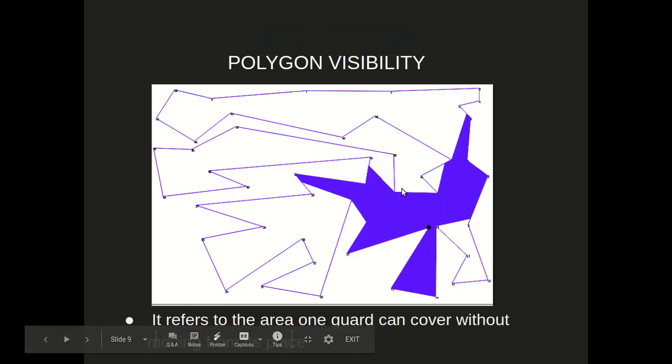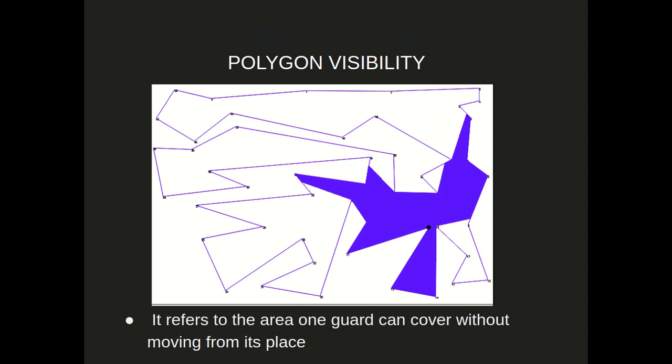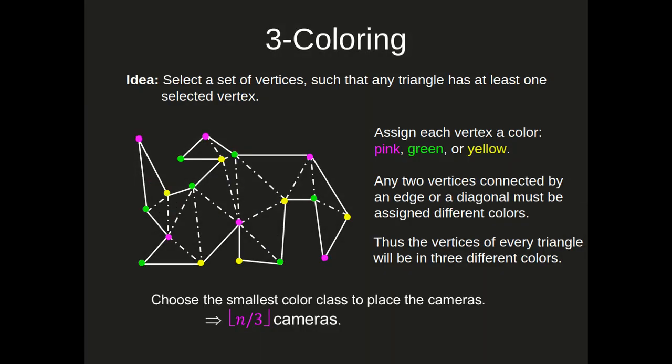Hi sir, I'm Siddharth Pokarna and I'll be explaining the polygon visibility part. We've already seen triangulation and the 3 graph coloring algorithm, and from these we can derive that there will be at most three choices of colors and at least one choice to select. Let's say there are three colors: pink, yellow and green.